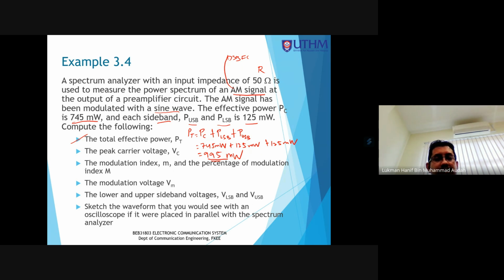So the next question asks you to find the peak carrier voltage, the peak value.